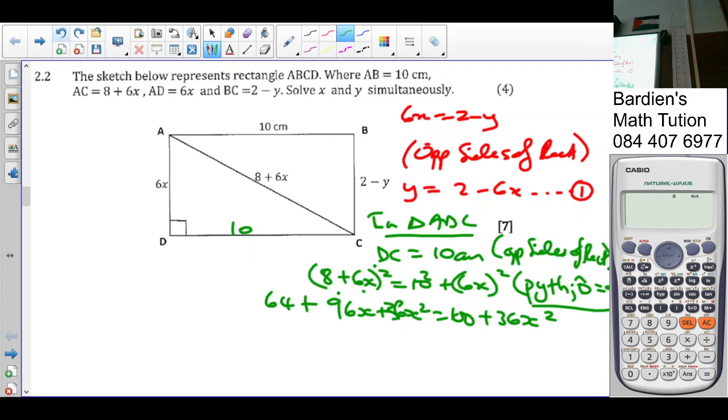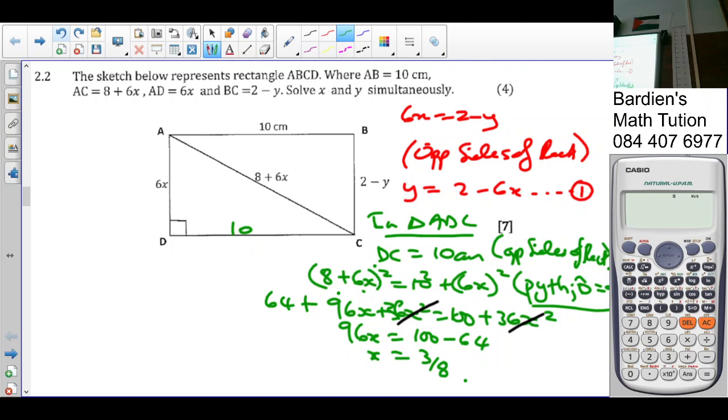It looks like a quadratic equation, but we know that 36x squared on either side will cancel, so it becomes a linear equation. So 96x is equal to 100 minus 64. What's 100 minus 64? 36. 36 divided by 96 is 3 over 8. Okay, I was wrong, as usual.